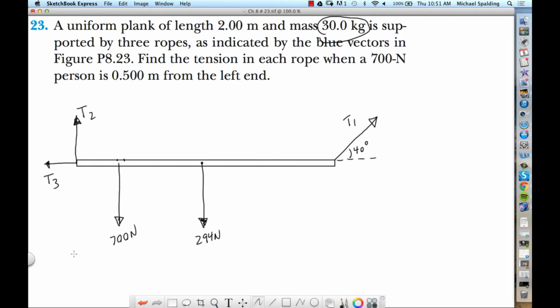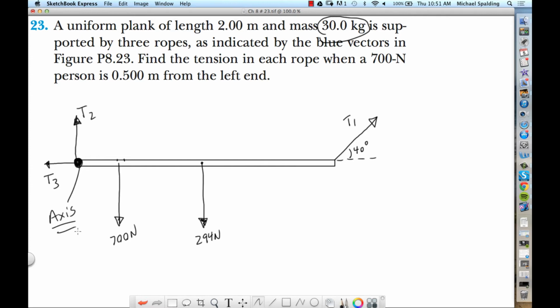In order to put down distances, you need to have an axis. The best place to put your axis is at the point where you have the most unknown forces, which is right here. So we're going to say that the left end of the board is going to be defined as our axis.